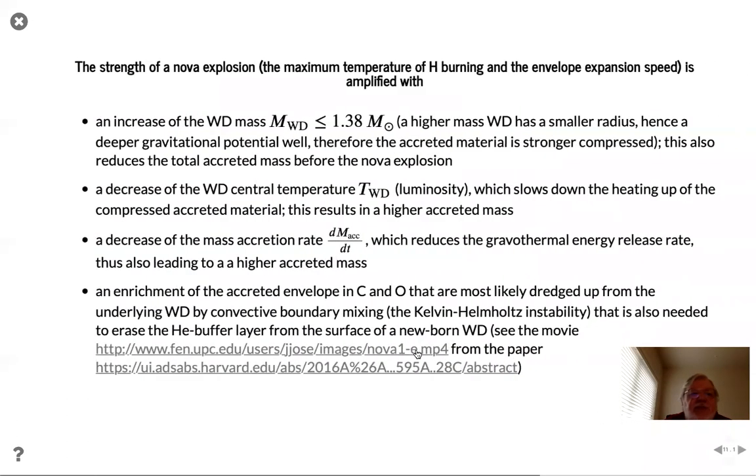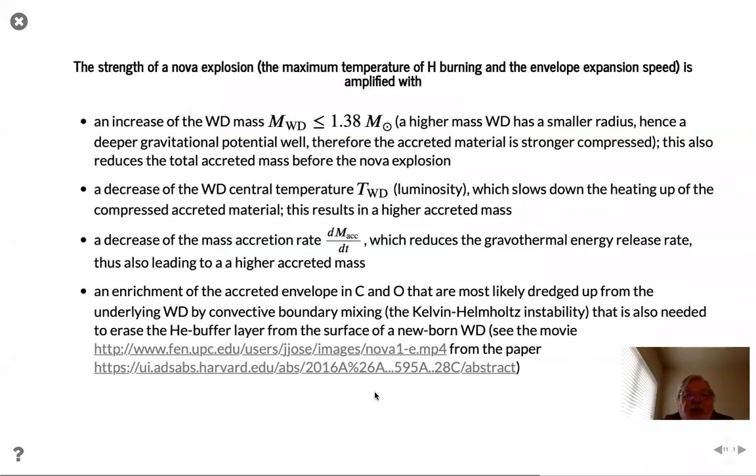Let me go further. So now, summary: the strength of a nova explosion, which can be measured, for instance, by the maximum temperature of hydrogen burning during the nova explosion and the envelope expansion speed, can be amplified with an increase of the white dwarf mass.